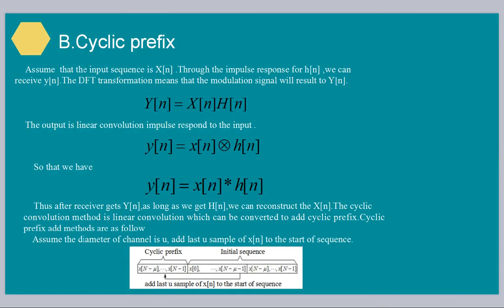The second part is about the cyclic prefix. Let's assume that the input sequence is x[n]. Through the impulse response h[n], we receive y[n].